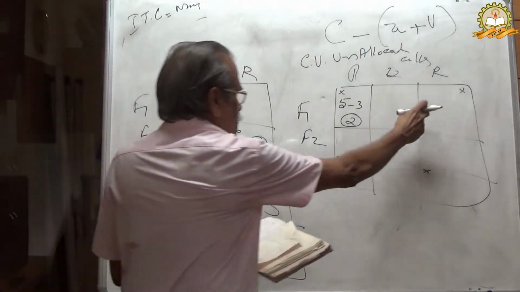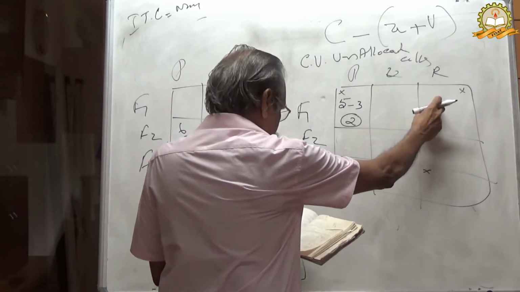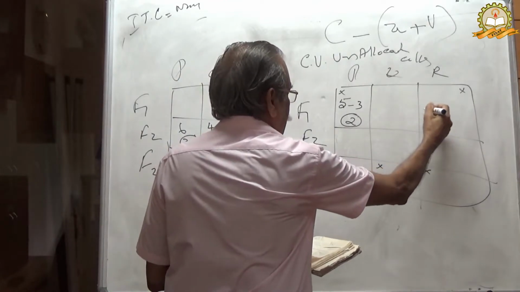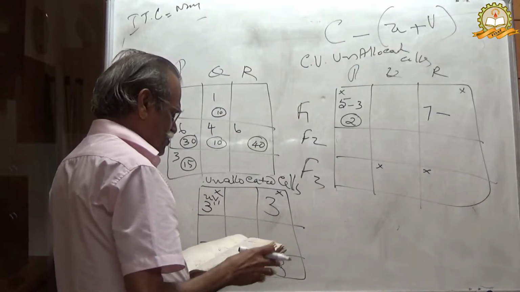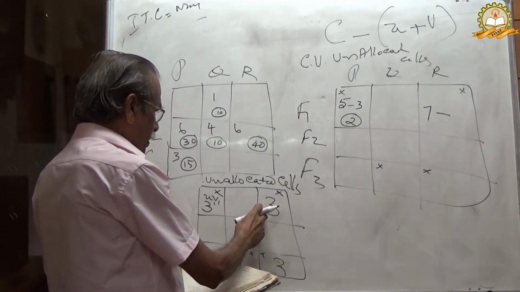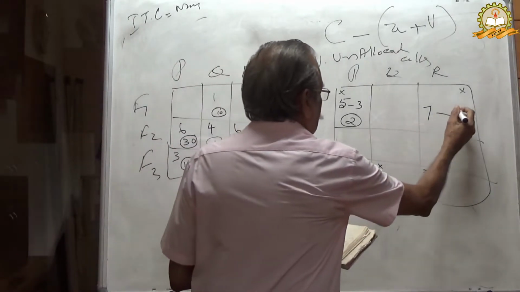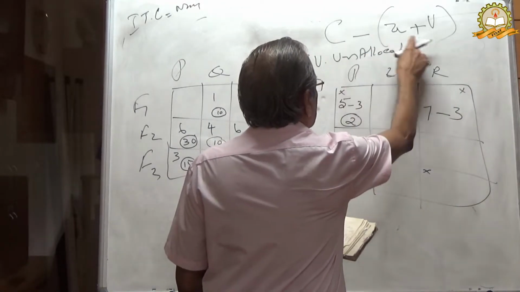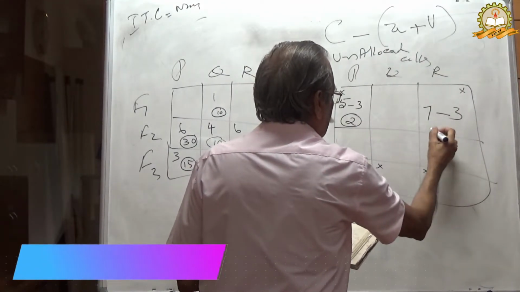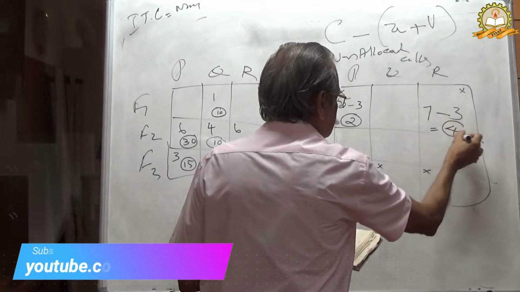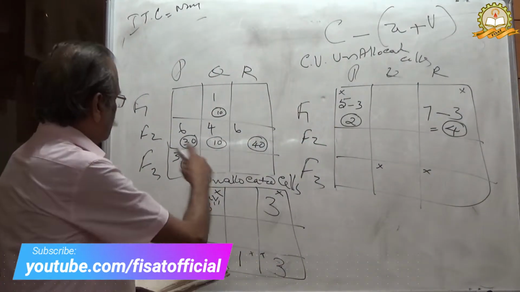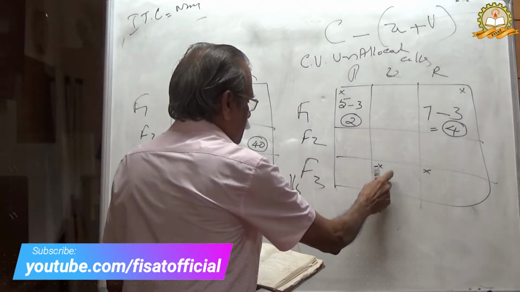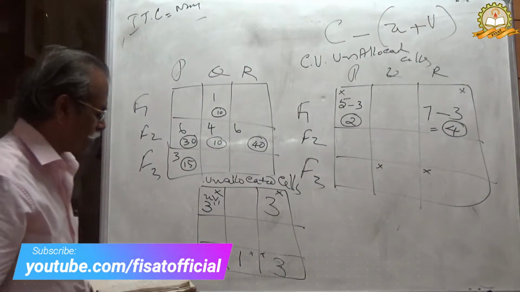Similarly, for this, the original given cell value is 7 and the obtained cell value is 3. Therefore, 7 minus 3 equals 4. Then, this is over. Now, this is the required unallocated cell value.